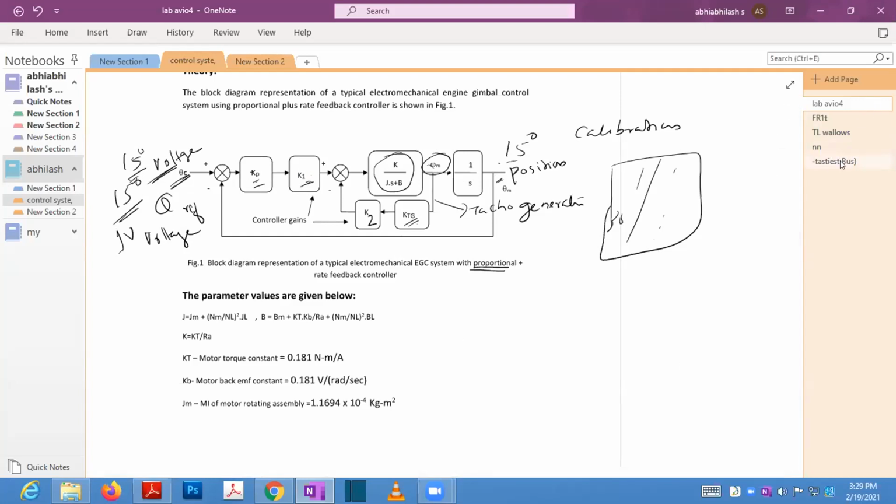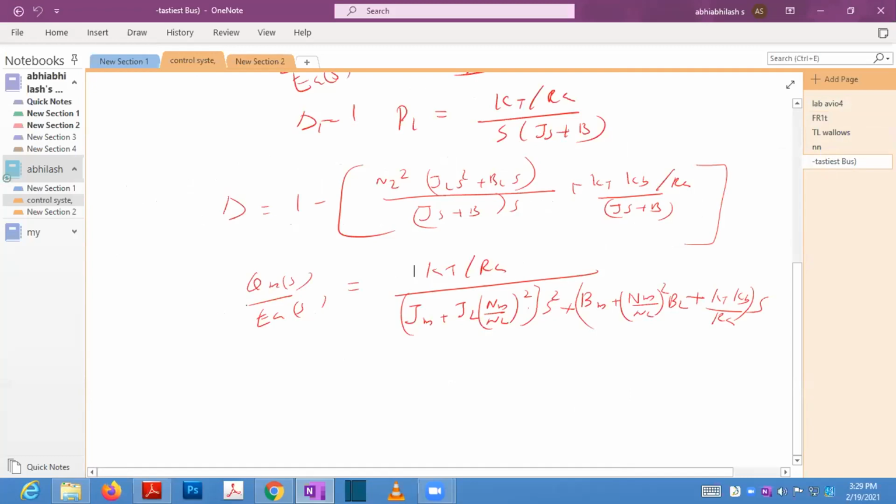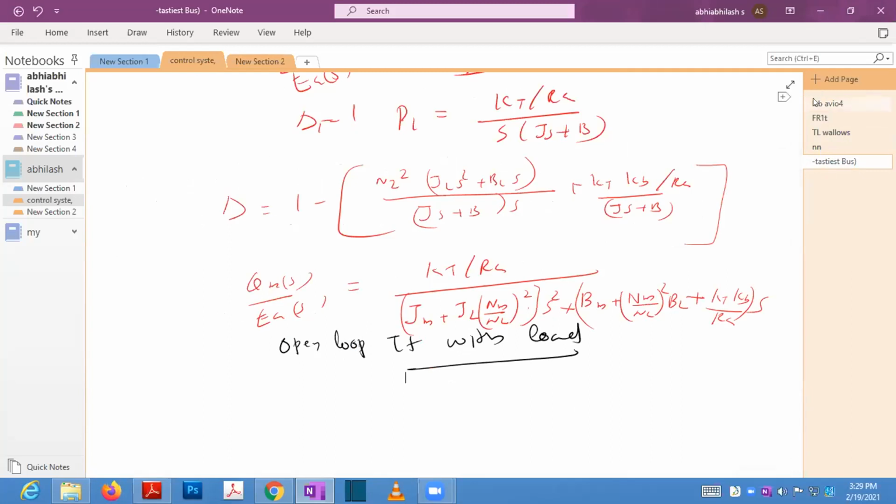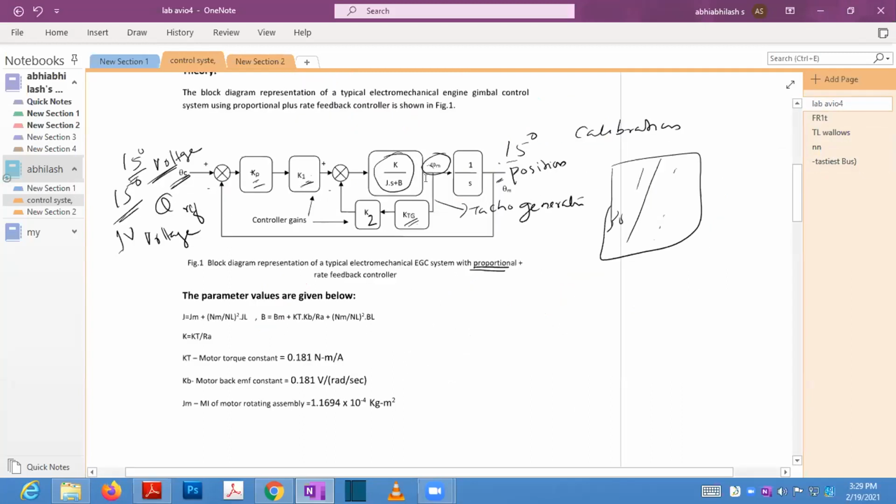And this transfer function is actually the open loop transfer function of the system, open loop transfer function with load. So now we are closing this loop using tacho generator feedback and position sensor feedback.